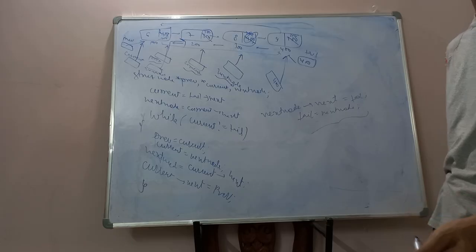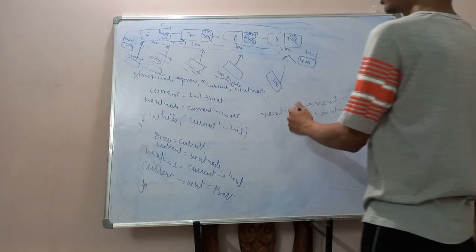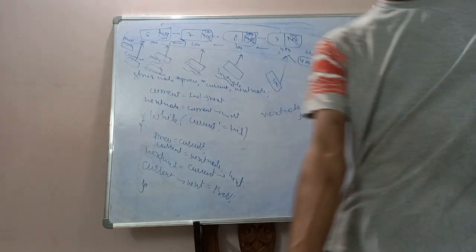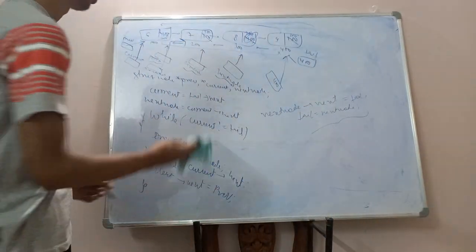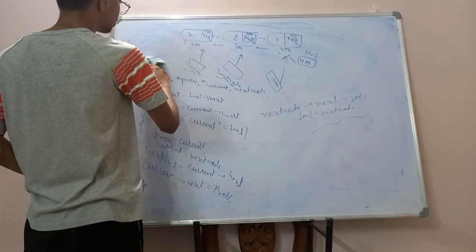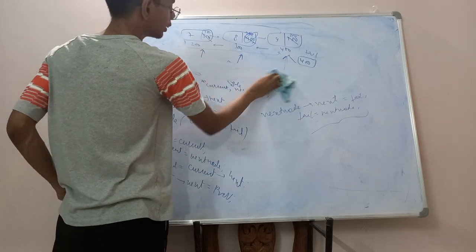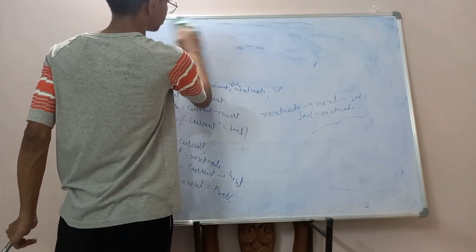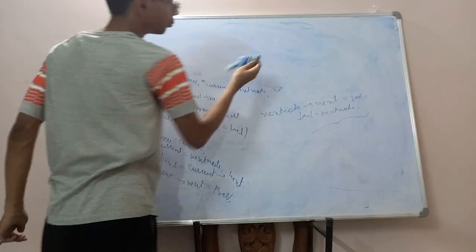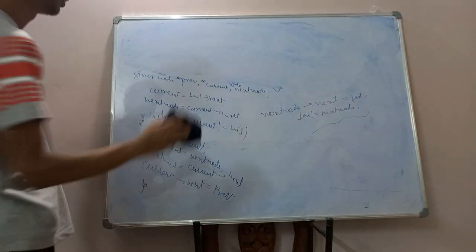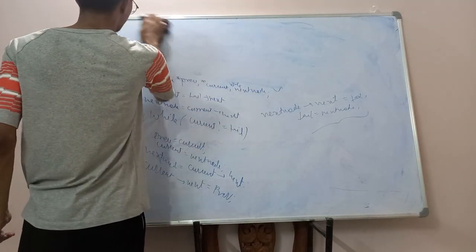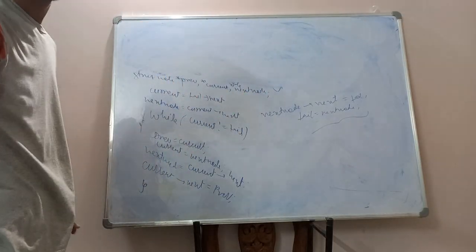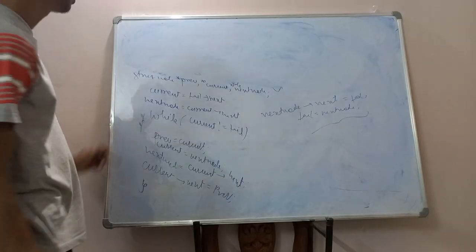So what is happening here? These three will go ahead and they will store the previous value. So let's try to understand this. I am erasing this once again and I will make this clear again. I will first write my nodes accordingly.